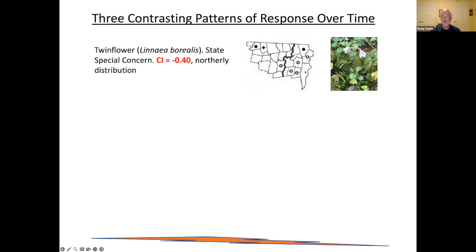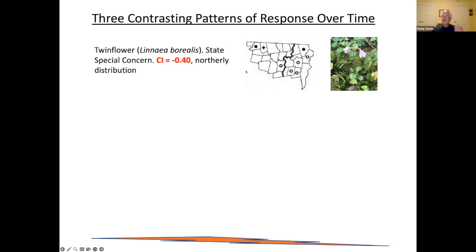So it used to be quite widely distributed in Franklin County down in the southern towns, and now is restricted to these 3 towns in the northern part of the state. So it's disappeared from 5 and appeared in 1 new one. So it went from 7 to 3.